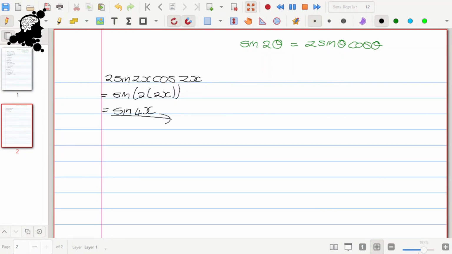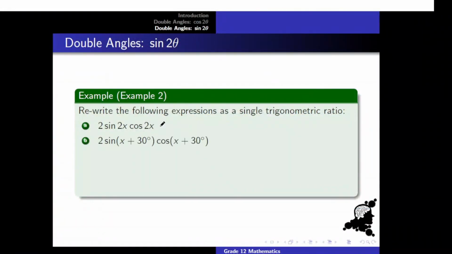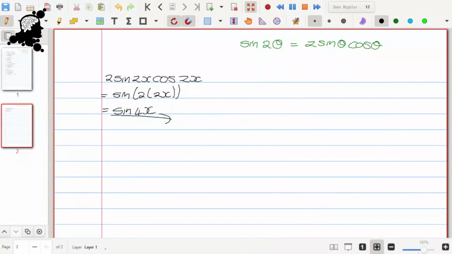The next question: we've got 2 sine of (x plus 30 degrees) cos of (x plus 30 degrees). Let's go to our writing pad and do this. Now this is a double angle identity because I've got the 2, I've got sine, and cos is there.